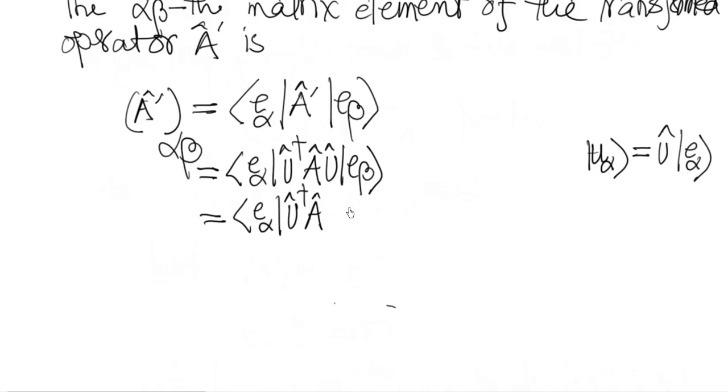So we can write down this ket U beta, just instead of alpha, we have here a beta index.